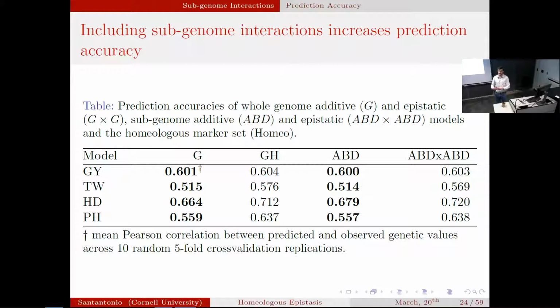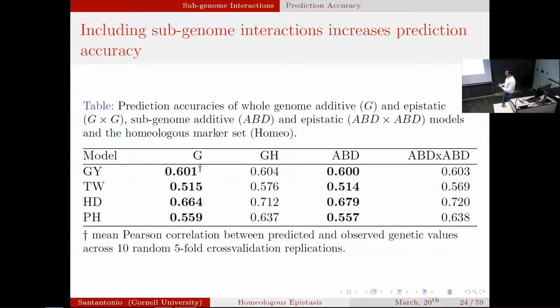We can incorporate these interactions into a genomic prediction model, and we can see that when we model just the additive effects of the whole genome versus the 3 individuals and then sum them, you'll see that we get essentially the exact same prediction accuracy for all traits.